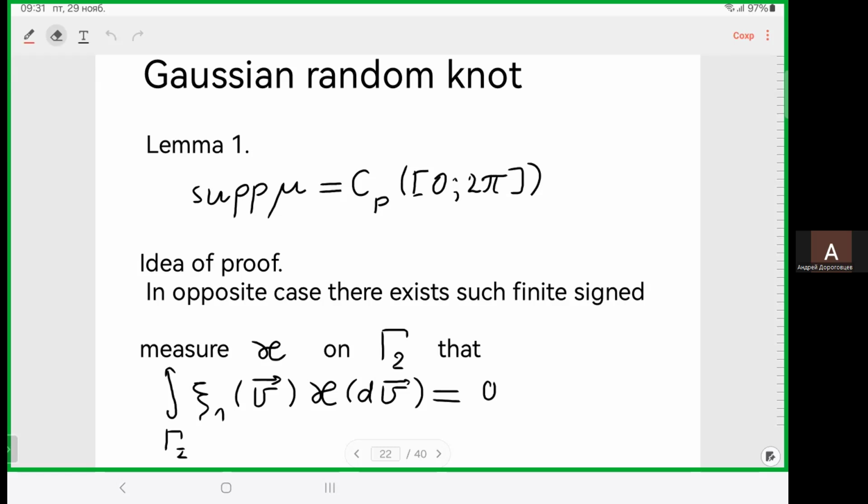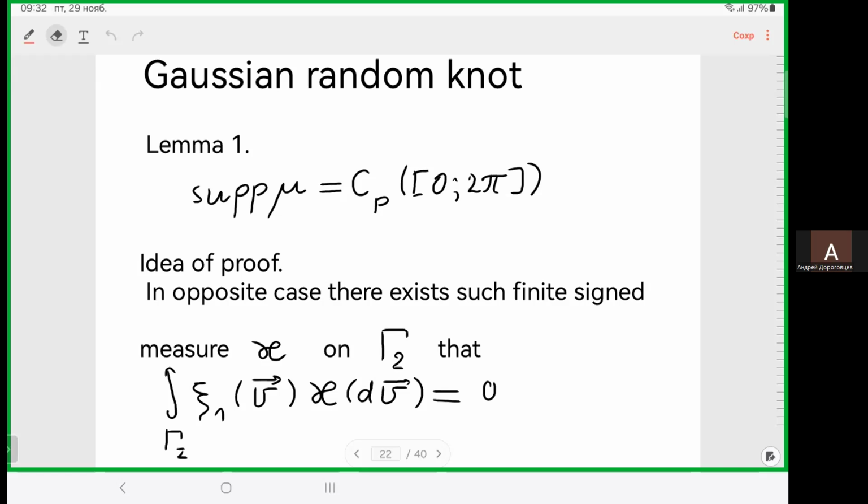In the infinite-dimensional case, we cannot state the same so easily, but one can proceed more or less in the same way. We just take continuous functionals on this space CP on 0 to pi and integrate them with our random field. If the statement of the lemma is not true, then it will be easy to find a continuous functional on the space CP that kills our random process.